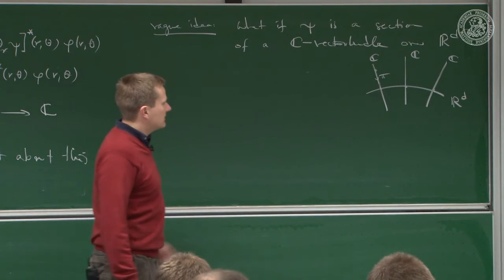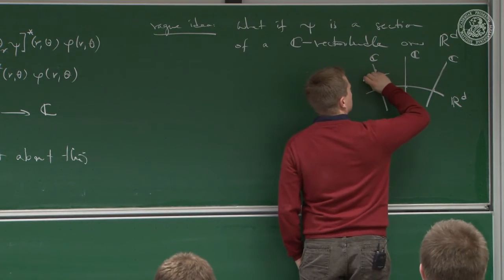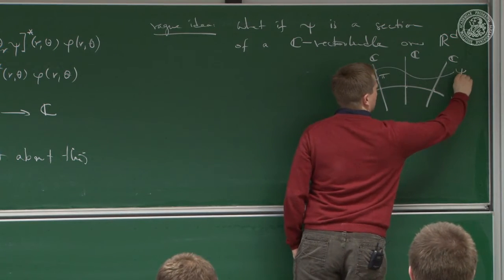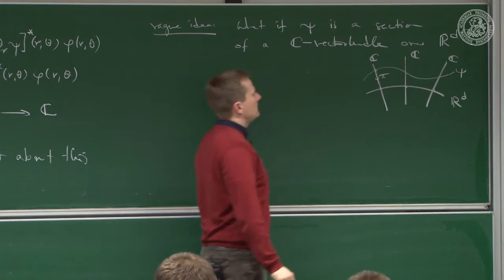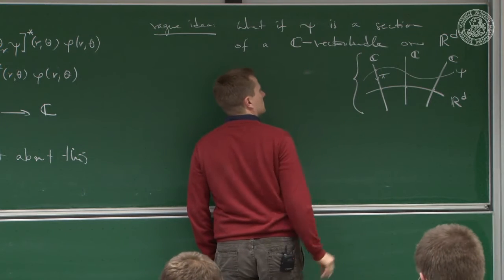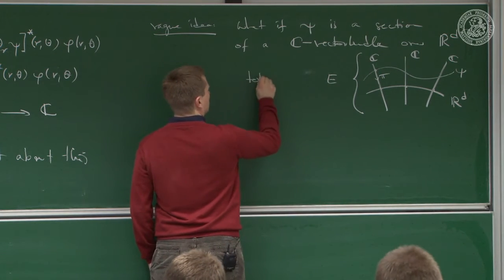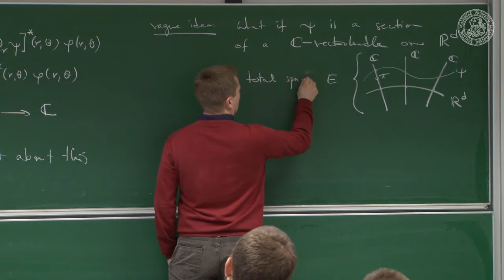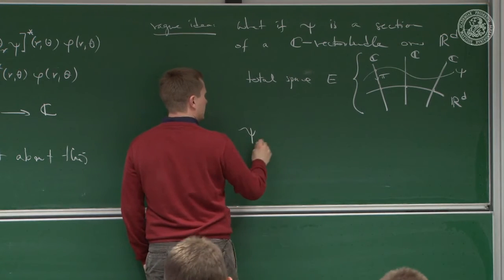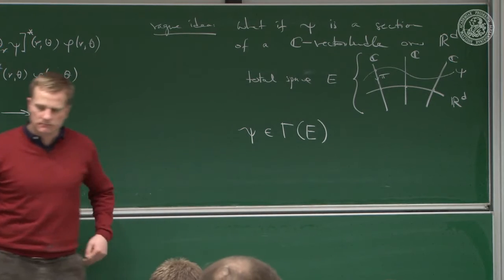And that's of course a local picture, it looks like this locally, and psi is just a section of this bundle. So if this is the bundle total space, the idea would be that the wave functions are a section of this vector bundle.